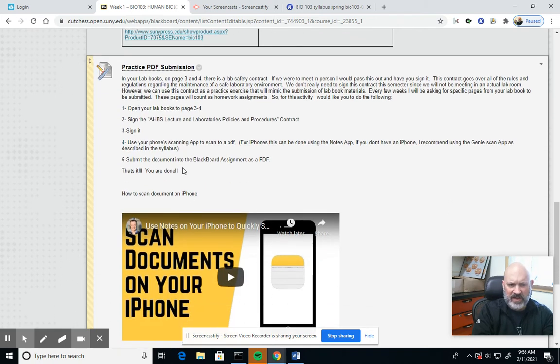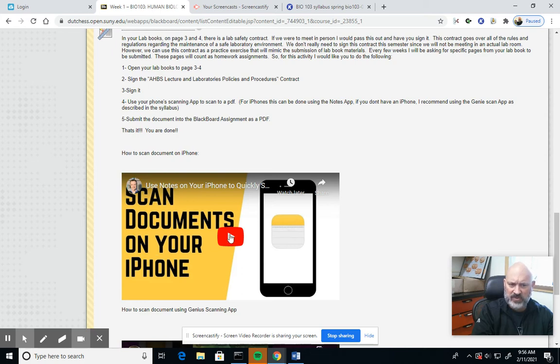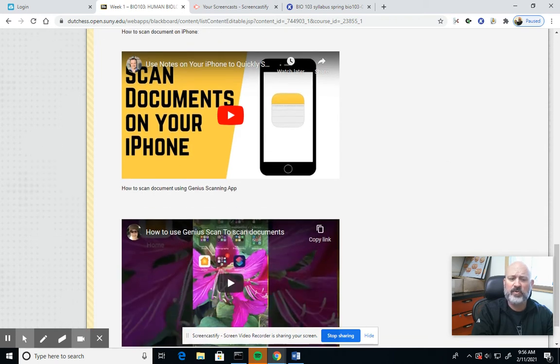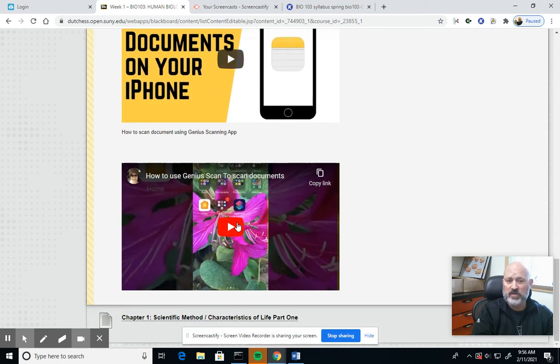If you're not sure how to use your iPhone to scan and turn documents into PDFs, I put this instructional video here. If you don't have an iPhone, you have Android or whatever, there's another video here for using what's called Genius Scan, which is an app that could turn your documents using your camera into PDFs.